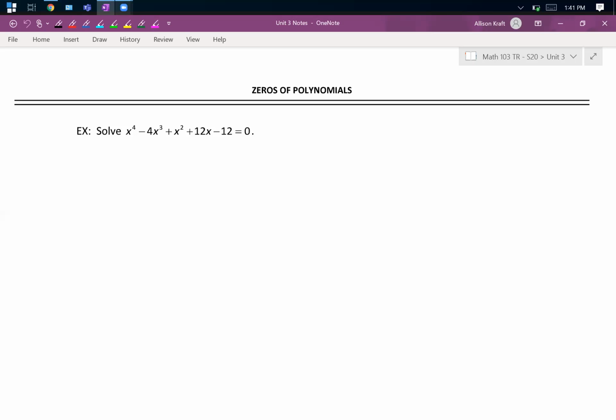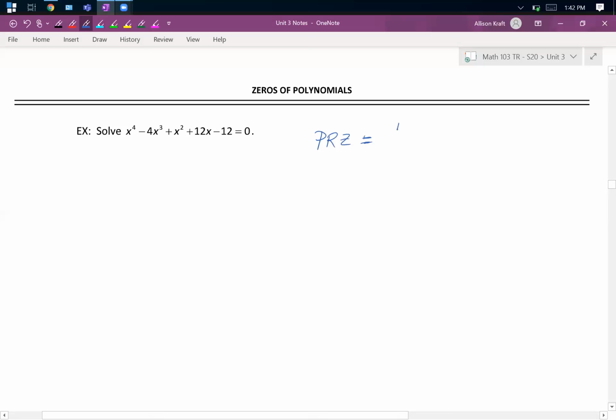Since the directions didn't say use Descartes' rule of signs to list all the possible combinations, personally, I'd skip the chart. Maybe if I was super stuck, I'd do the chart, but otherwise, I'd just skip it. And it didn't say that I had to list every possible rational zero, so probably I would just list some of them and then check them, and if those didn't work, then I'd try a couple more. 12 and 1 are pretty small, so I might be inclined to list all possible rational zeros, but you don't have to if the directions don't indicate that.